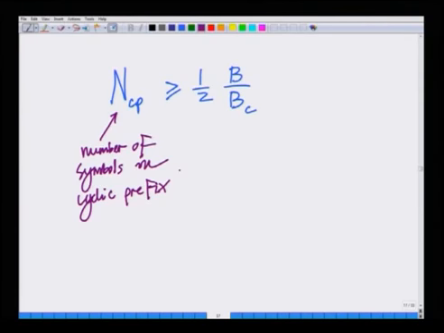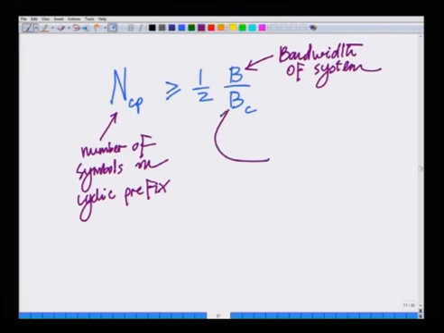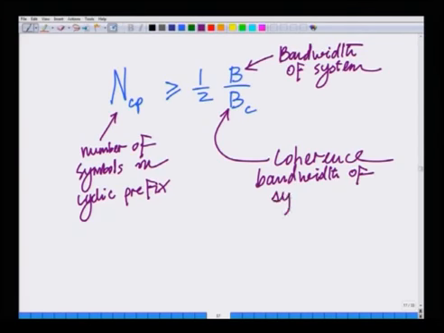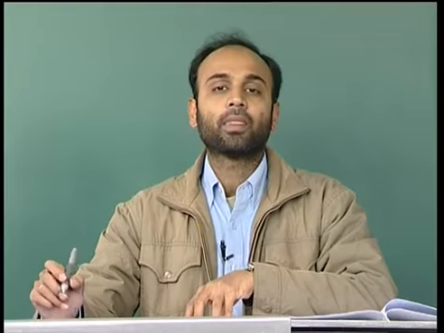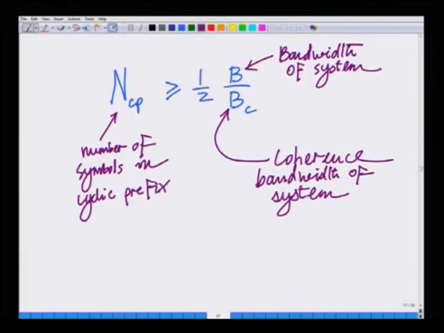This is the number of symbols in the cyclic prefix, this is the bandwidth of the system, and this is the coherence bandwidth of the system. So, to avoid intersymbol interference, the number of symbols in the cyclic prefix has to be greater than half B over Bc.